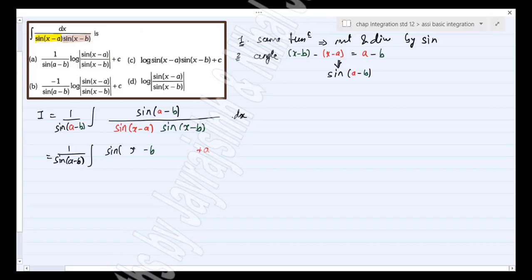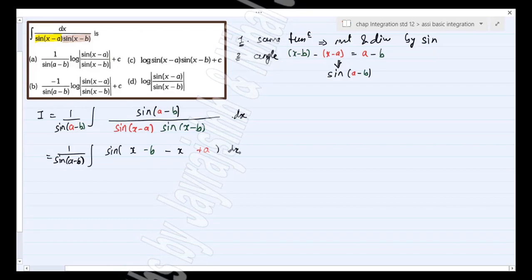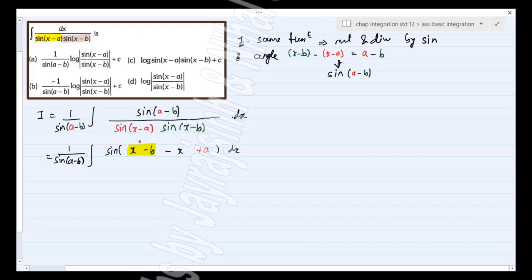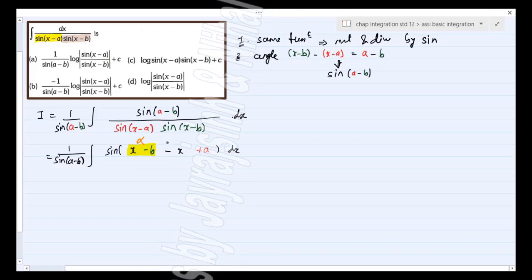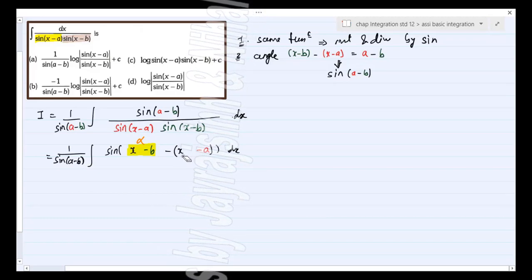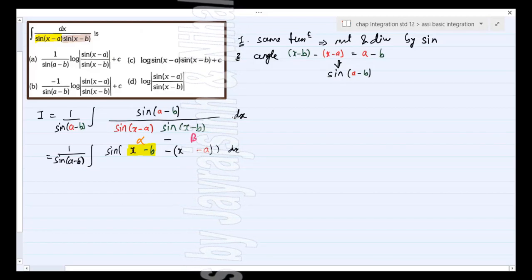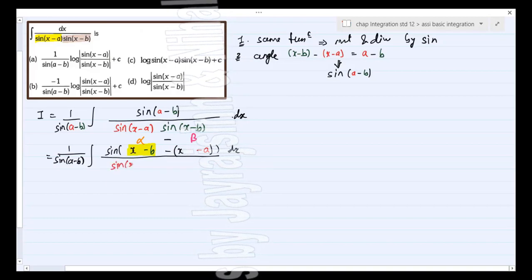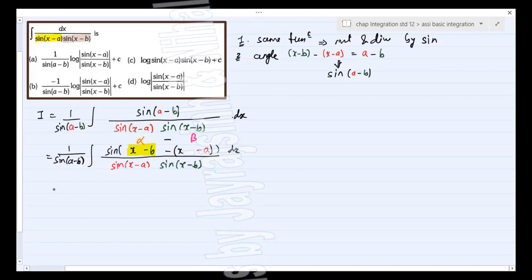So we can add and remove x, right? So we can get x minus b as your first angle, or we can say alpha, and after taking minus common we will get x minus a. So we will get minus beta. Your denominator still remains as it is.